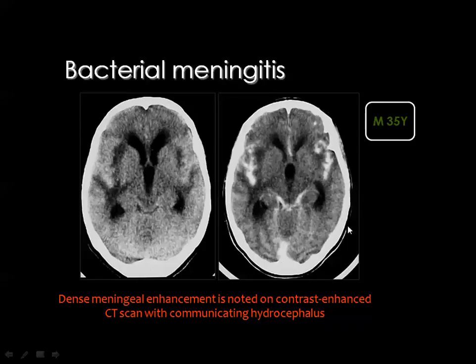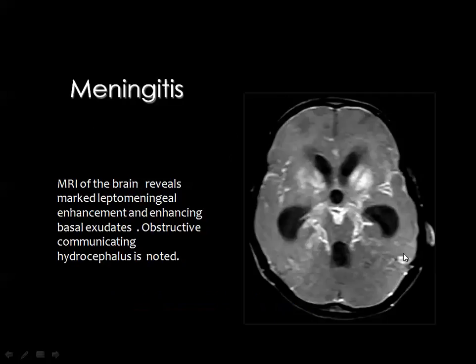And this is, as I have mentioned, a brain scan before contrast and after injection of contrast. Then you see enhancement in the sylvian fissure, enhancement in the quadrigeminal cistern, and this means that the patient had meningitis.